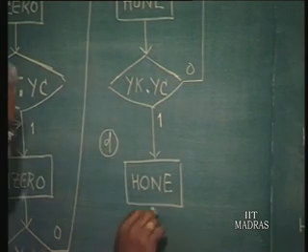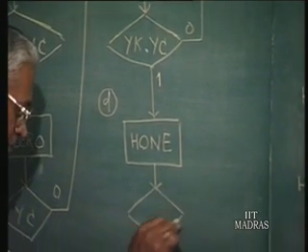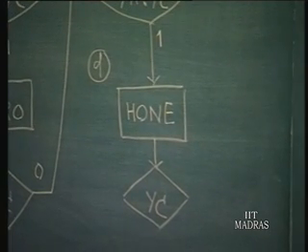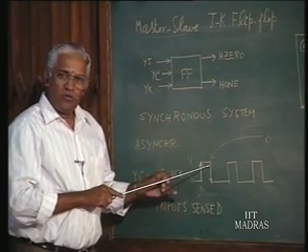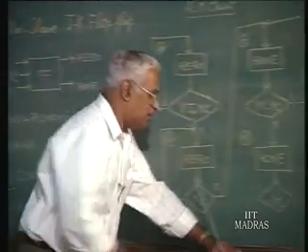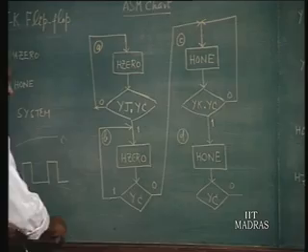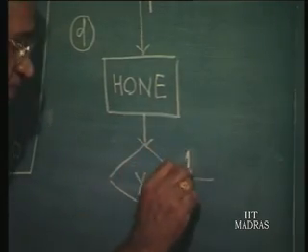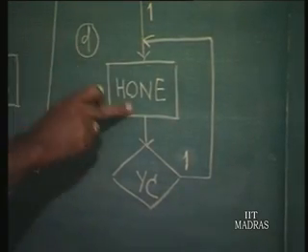Well, as before, check for the state of C, because the input K was sensed on the rising edge. Now the corresponding output change will take place when the clock falls to 0. So as long as the clock is 1, it continues in the same state generating that output.